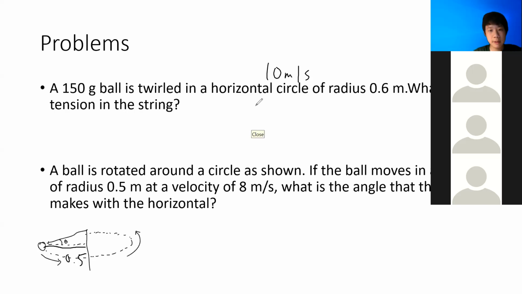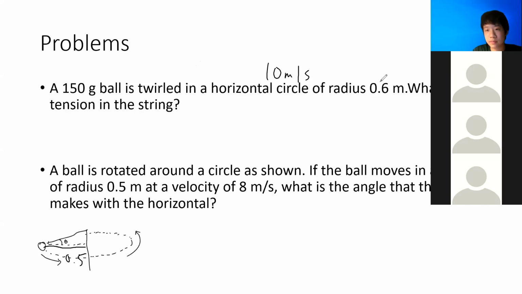Okay, maybe 1 more minute. Okay, so I think for the first one, we're going to have Autumn explain the solution. So you can go ahead.